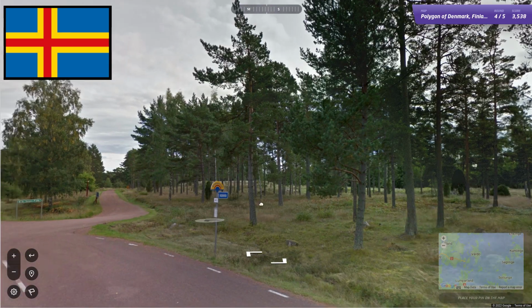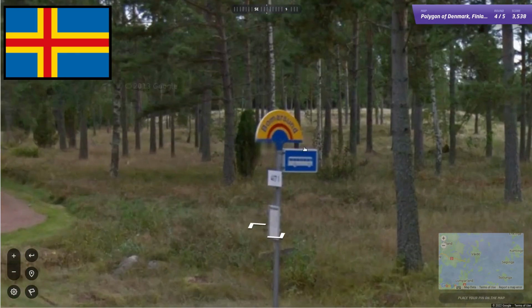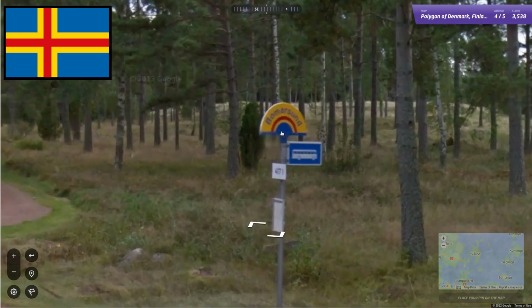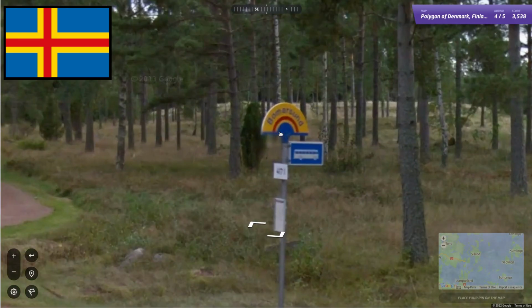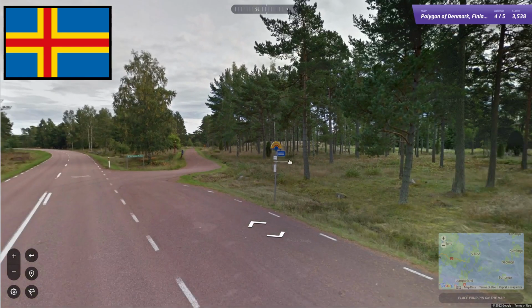And this is one Åland thing also. The bus stop has this kind of yellow arc. It isn't a rainbow, it's just a yellow arc. I haven't seen these anywhere else but in Åland.